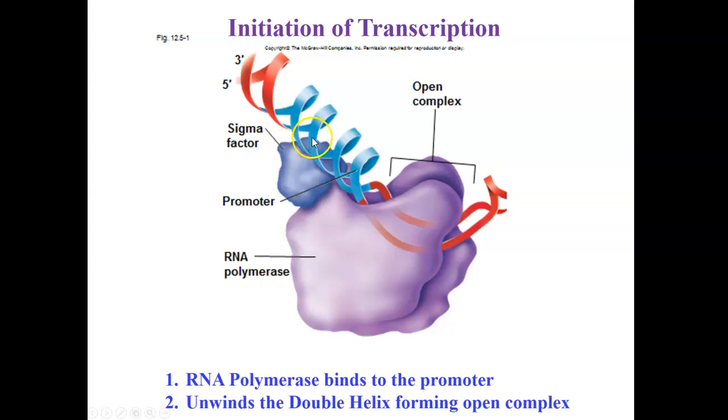It will bind to the promoter region and stabilize the binding of RNA polymerase, sort of like transcription factors. And as it approaches that transcription start site, again, the RNA polymerase is going to begin to unwind that double helix so that we have some single-stranded DNA to act as our template for the RNA strand that is going to be made.